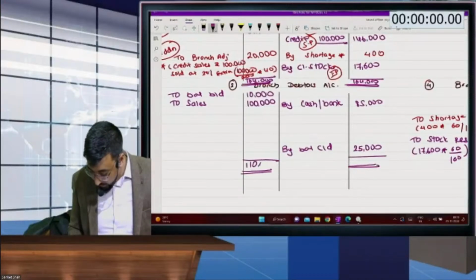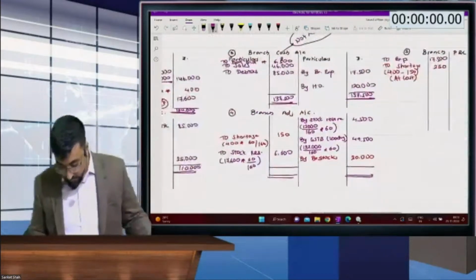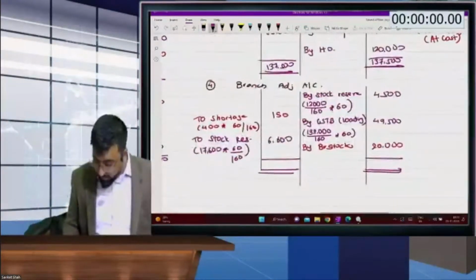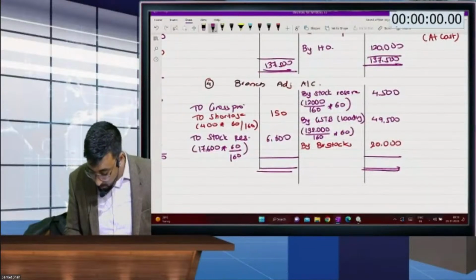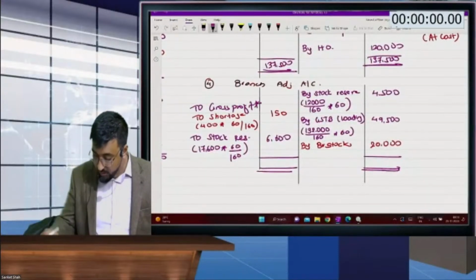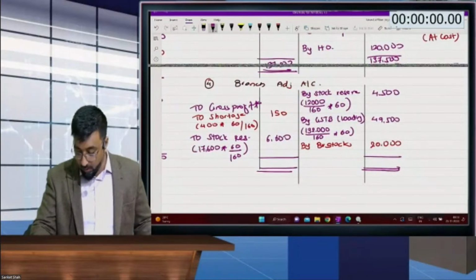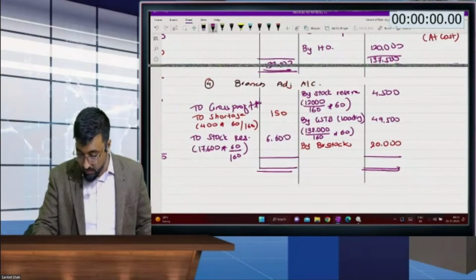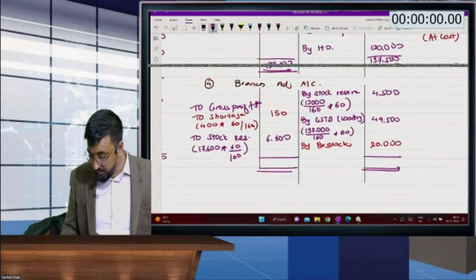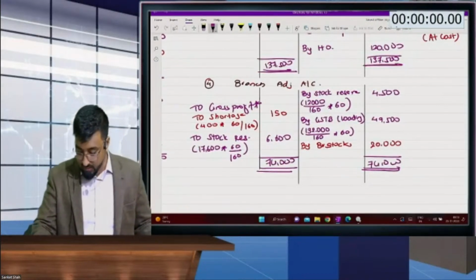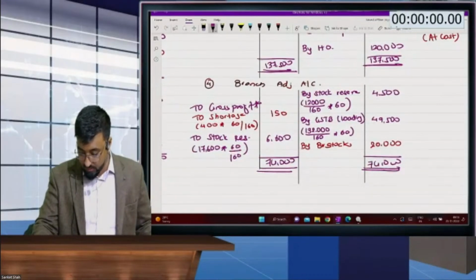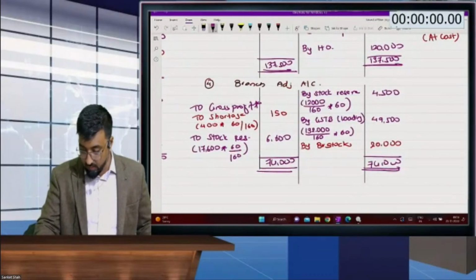And now you can close your branch debtors account. I think you are getting this 1,10,000. Cash account already done. To gross profit, branch adjustment will give you gross profit: 4.5 plus 49.5 plus 20. So you are getting 74,000 minus 6.6 minus 0.15.